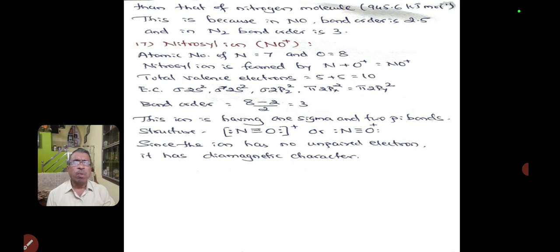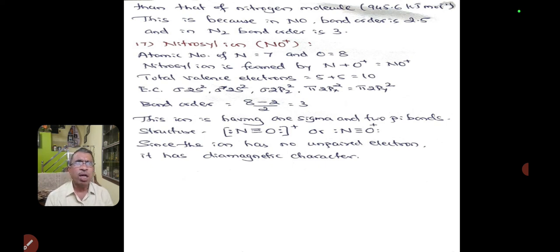So the molecular electronic configuration will be sigma 2s2, sigma star 2s2, sigma 2pz2, pi 2px2 equals pi 2py2. The bond order becomes 8 minus 2 divided by 2, equal to 3. This ion has 1 sigma and 2 pi bonds. The structure of the nitrosyl ion is shown.